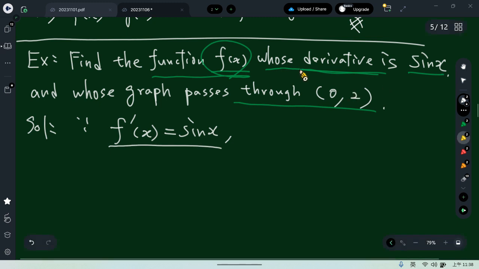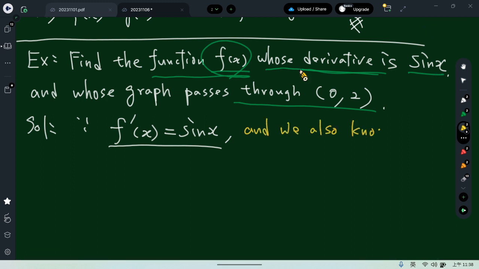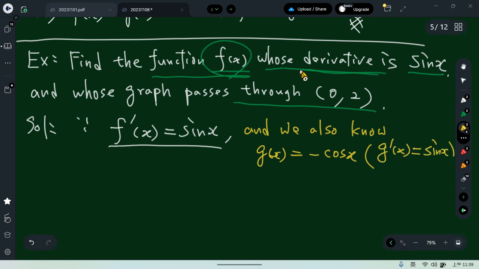This is the problem statement gives us. Then we also know, this is very important, we also know g of x, it is minus cosine x. Why do we choose minus cosine x? Because g prime x is also sine x.